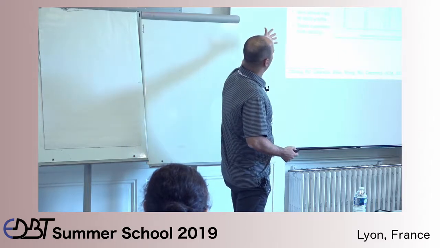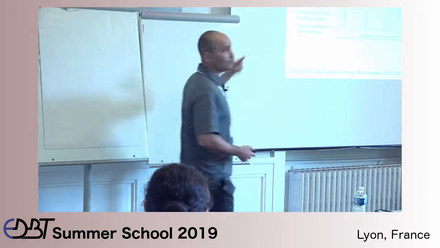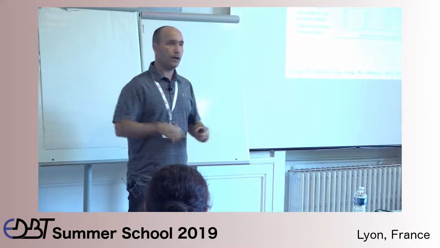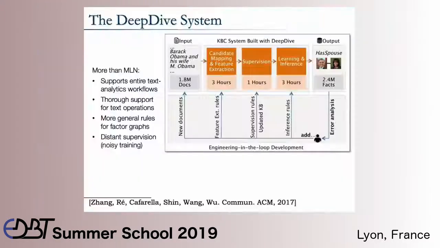And then you've seen systems like Deep Dive that took this approach a step or several steps further, and basically allow you to encode more general classes of these factor graphs.